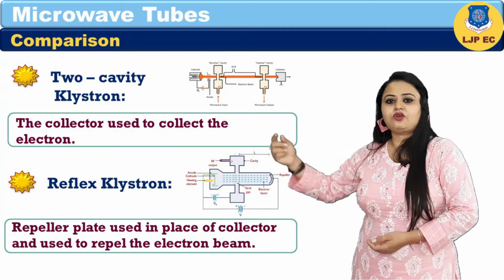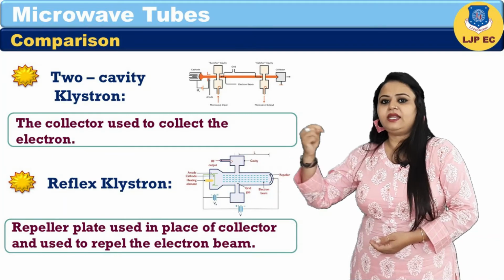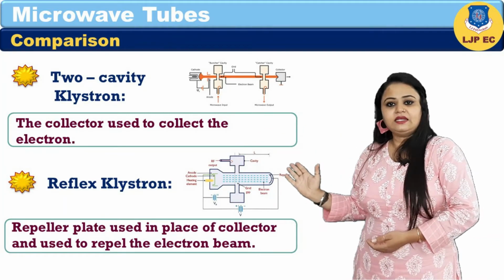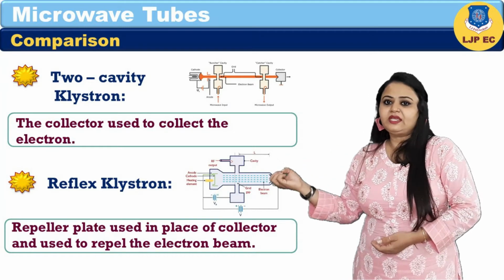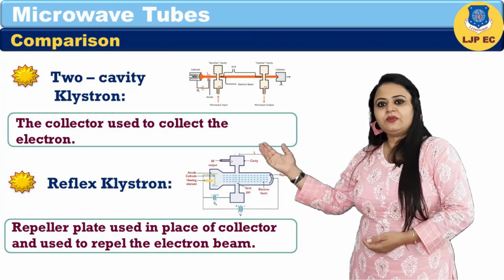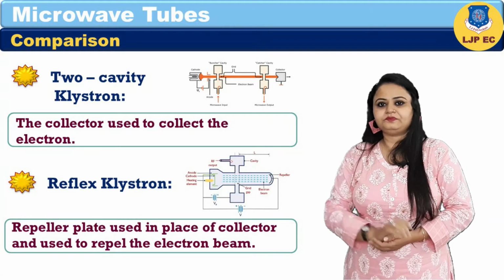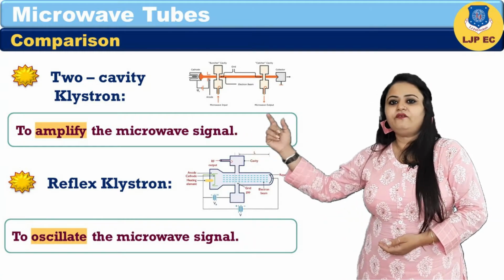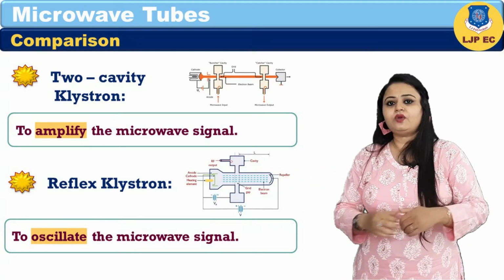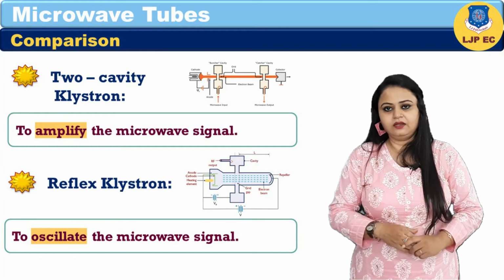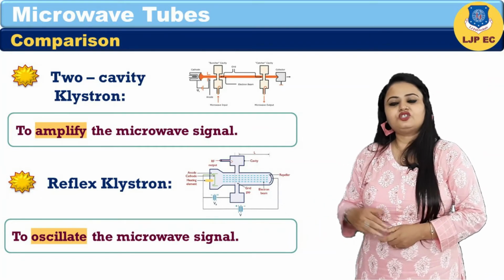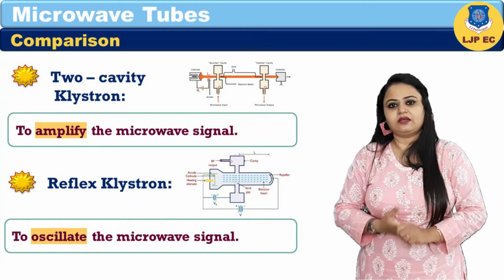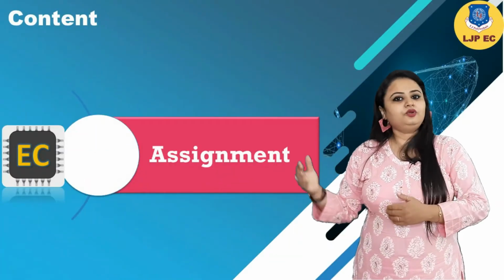In two cavity klystron, the collector is used to collect the electrons, whereas in reflex klystron, a repeller plate is used in place of the collector to repel the electron beam. The main purpose of two cavity klystron is to amplify the microwave signal, and the main purpose of reflex klystron is to oscillate the microwave signal. So that's about today's topic.